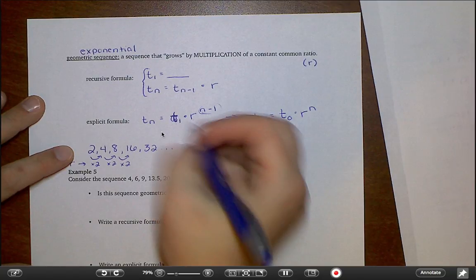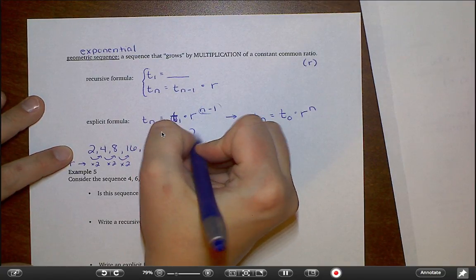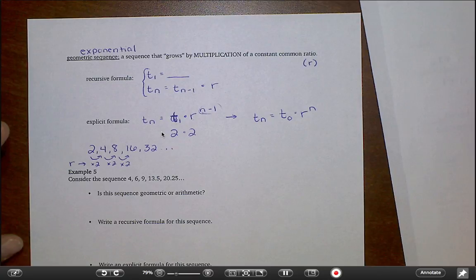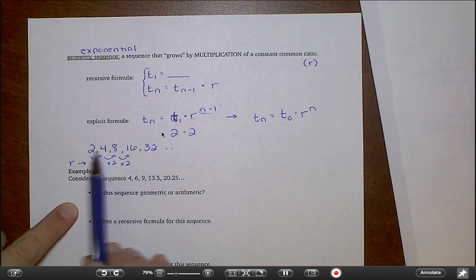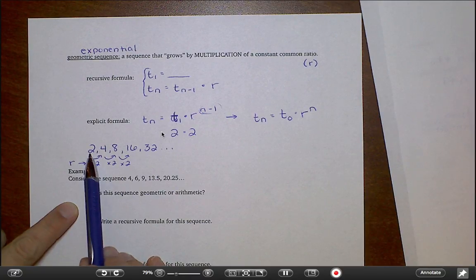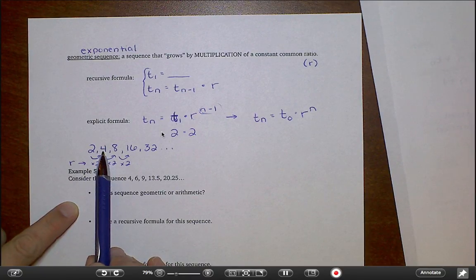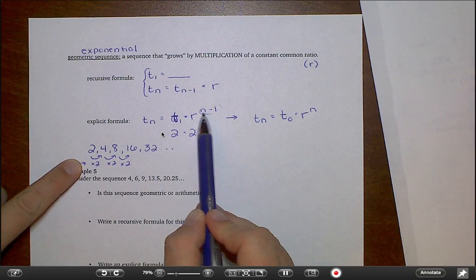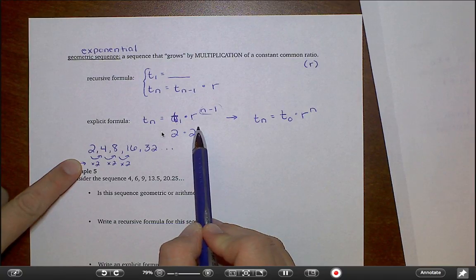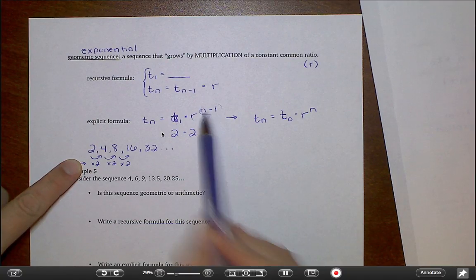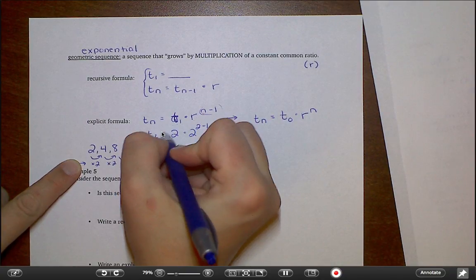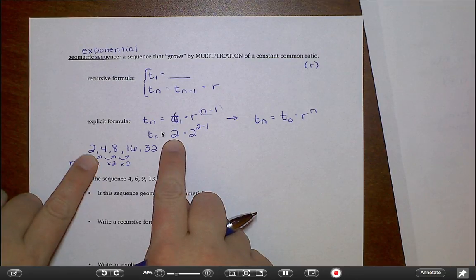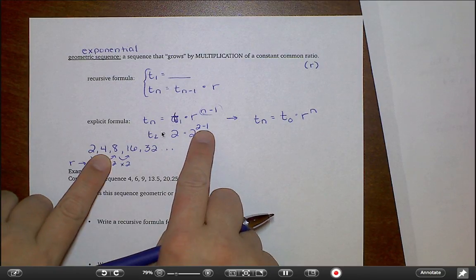To write this, I would go 2 times 2, but then here's the thing you want to look out for. If I want to get to term 2 from term 1, I only want to multiply by 2 once, right? But if that's term 2, if I were to plug in a 2 and this was just an n, that would tell me to multiply by it twice, right? That's why you need the n minus 1. So if I want term 2, I would take my first term and multiply by 2 one time.